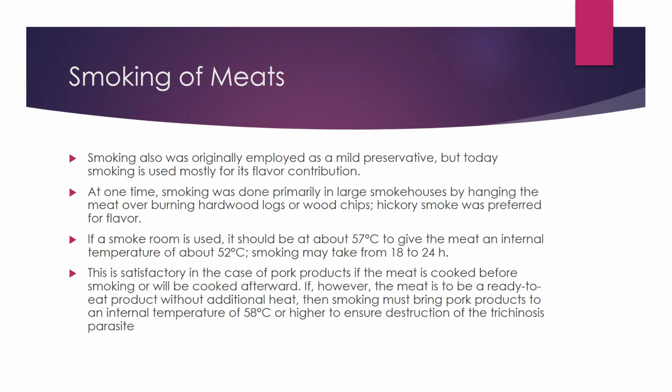However, in the case of a pork product, if the meat is cooked before smoking or will be cooked afterward, or if the meat is to be a ready to eat product without additional heat, then the smoking must bring pork products to an internal temperature of 58 degrees Celsius in order to ensure destruction of the trichinosis parasite.